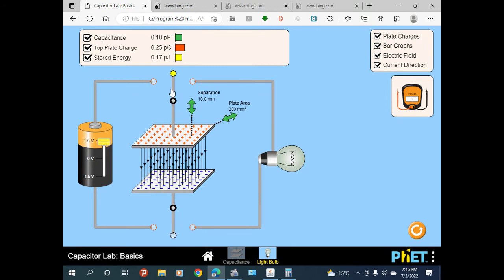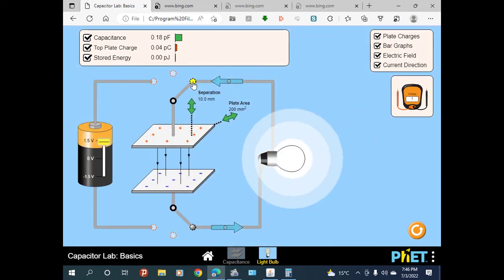It stored the energy, here 0.27 picocoulombs, and connecting to the resistance, the charge will be discharging. It dissipates from the plate.